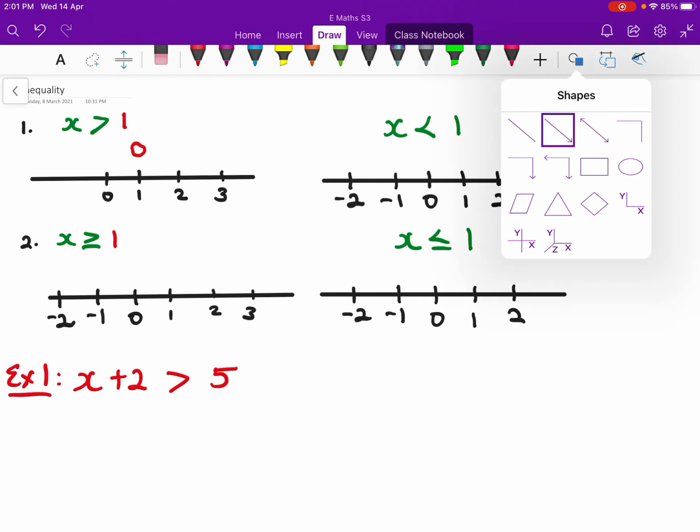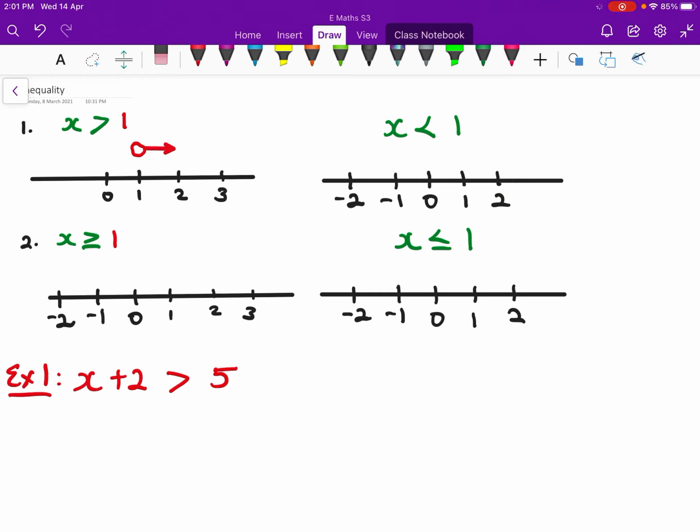Since this is more than 1, I draw to the right hand side. Notice that the circle I draw is a hollow circle, because my x does not include 1. So the hollow circle means does not include.